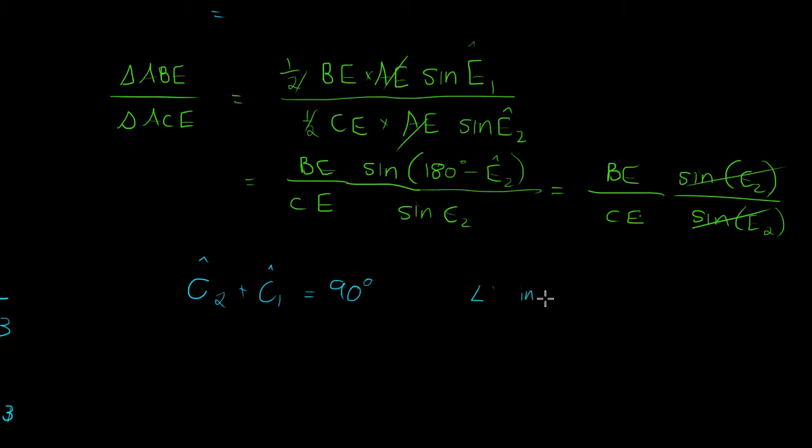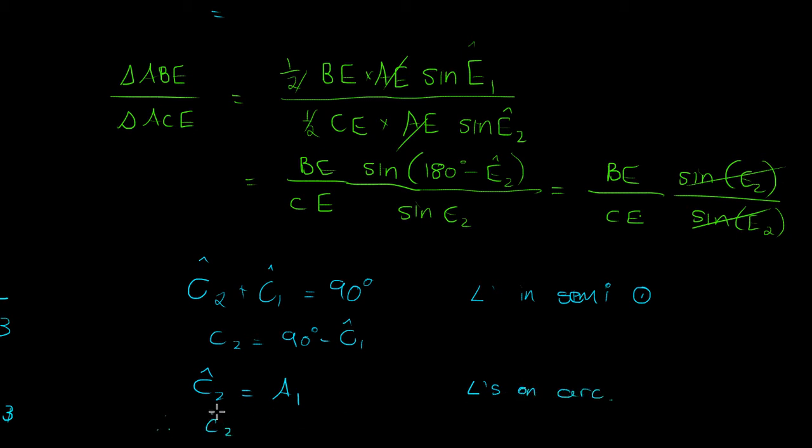Angle in semicircle, and so C2 is equal to 90 degrees minus C1. So C2 is equal to A1, which is angles on arc.